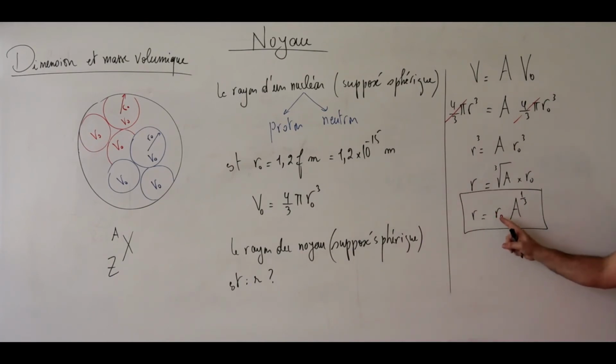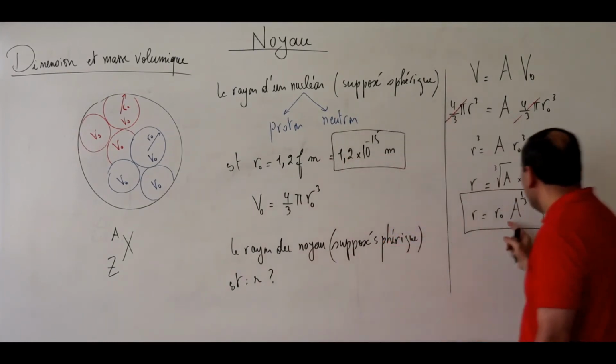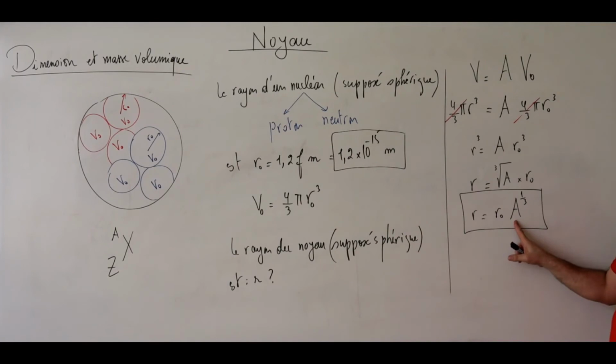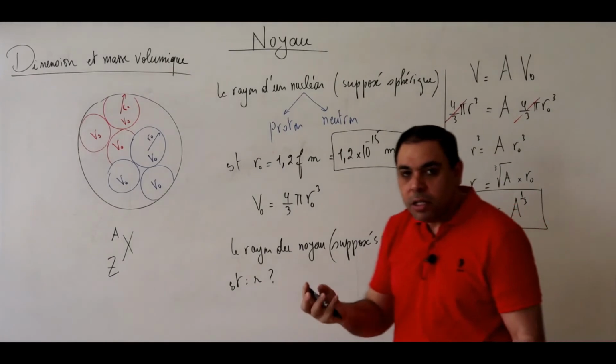The radius of the nucleus can always be known when knowing the radius of one nucleon, which is fixed, multiplied by the cubic root of the mass number of the nucleus. Hence, the nucleus is formed of nucleons.